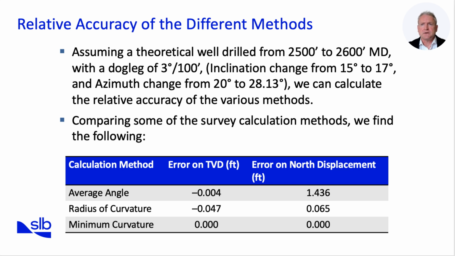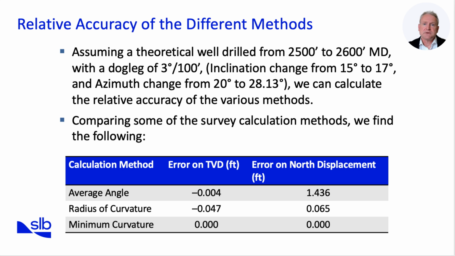Using this scenario, we compare three common survey calculation methods to assess their accuracy in determining true vertical depth, TVD, and north displacement. Looking at the table, we see the average angle method produces an error of minus 0.004 feet in TVD, but a significant 1.436 feet in north displacement.